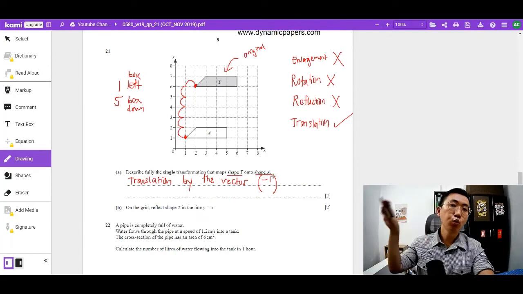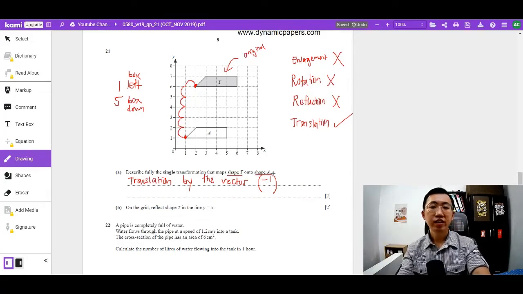If you move towards the right, then it's positive, just like your x-axis movement. Downward is for the bottom number. Downward by 5 boxes, then this is going to be -5. So this is the complete marking scheme. Translation, 1 mark. The correct vector notation (-1, -5) will be your second mark.